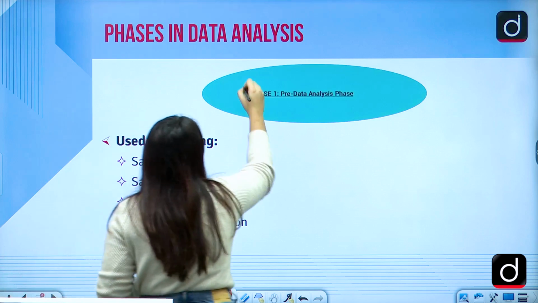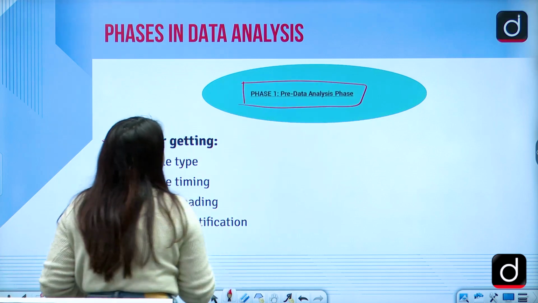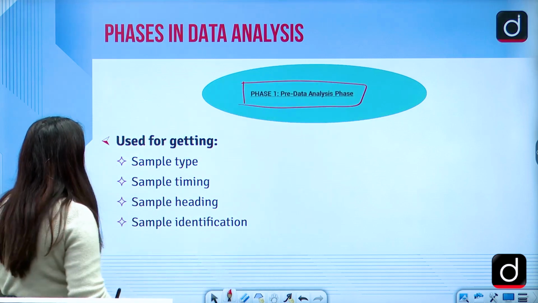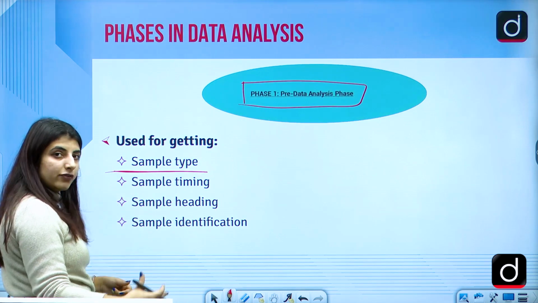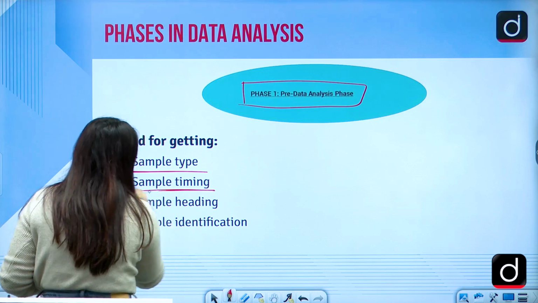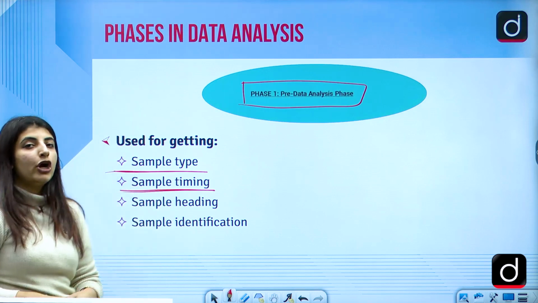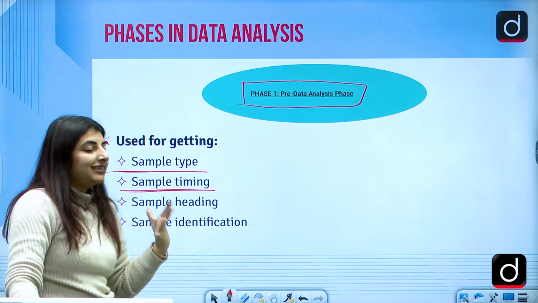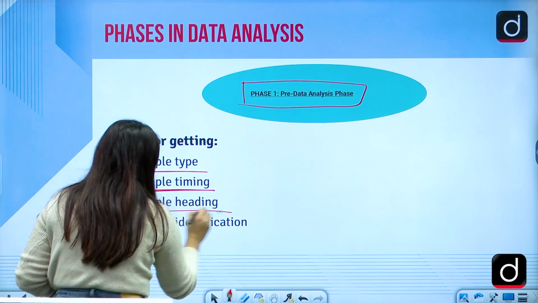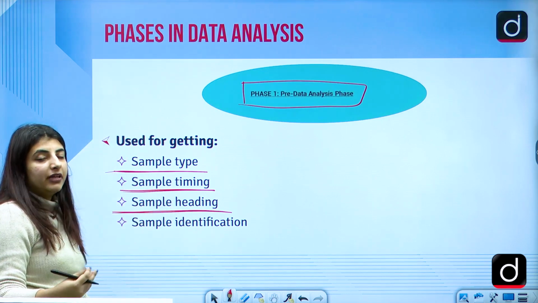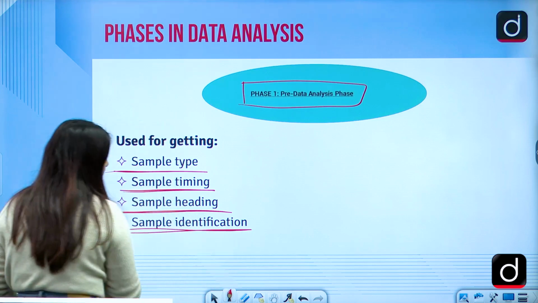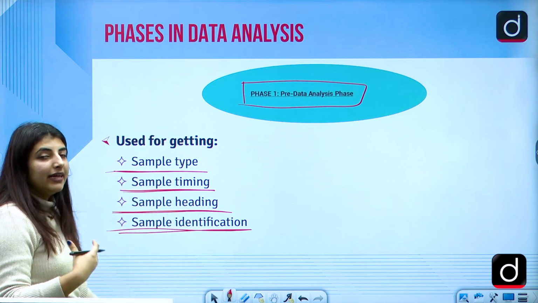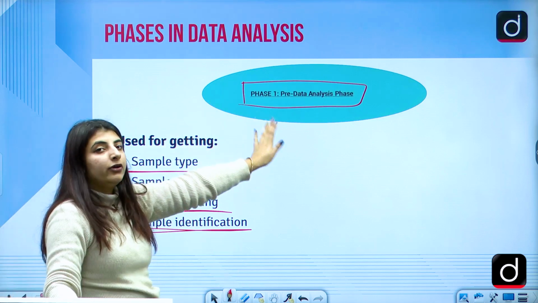So the first phase is the pre-data analysis phase, which talks about the sample type. What kind of sample are you going to choose for your research? The sample timing, how long will it take for you to collect that sample? Sample heading, like what kind of population will be there, what will you call that sample? And sample identification, right? How are you going to identify the sample for which you are going to collect the data?